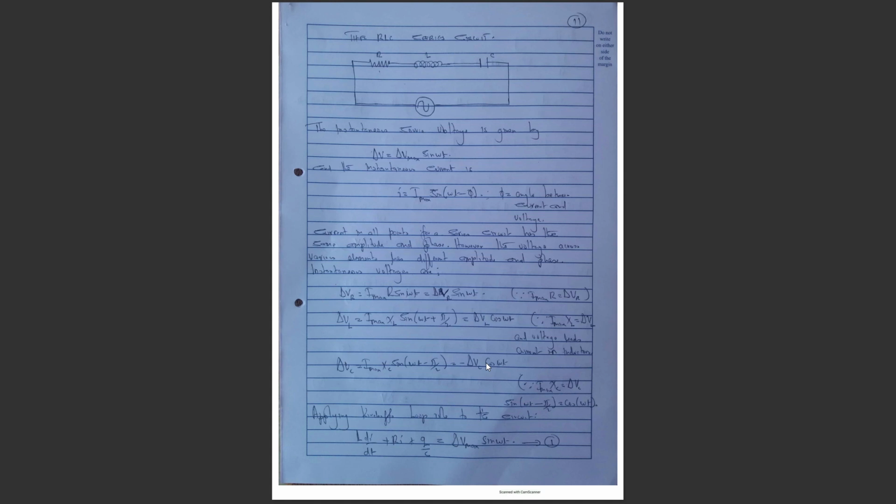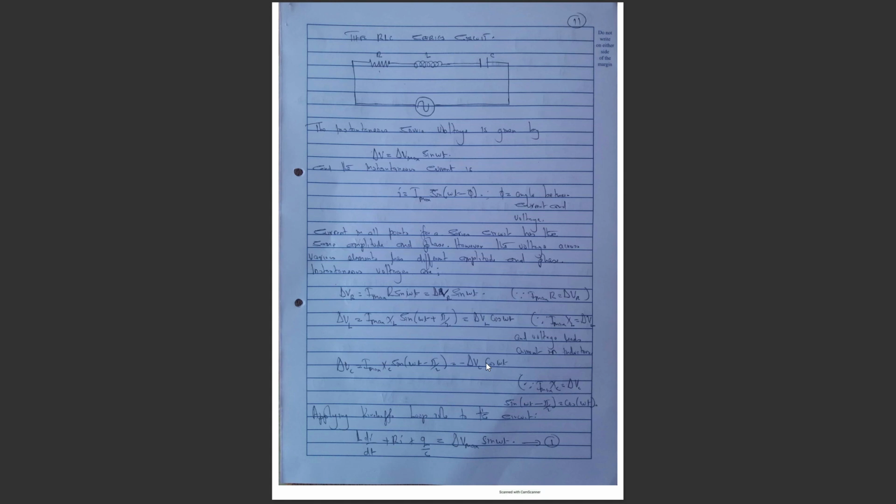Then on applying Kirchhoff's loop rule to the circuit, remember Kirchhoff's loop rule says that the addition of the components across a circuit must be equal to 0, or must be equal to the source voltage across the components.